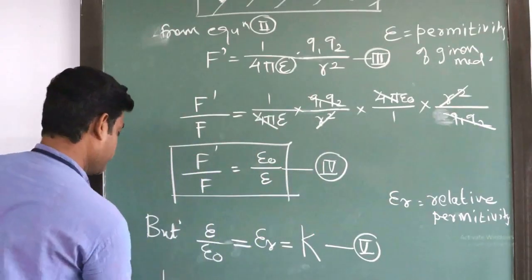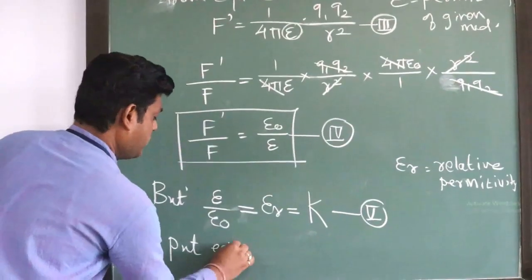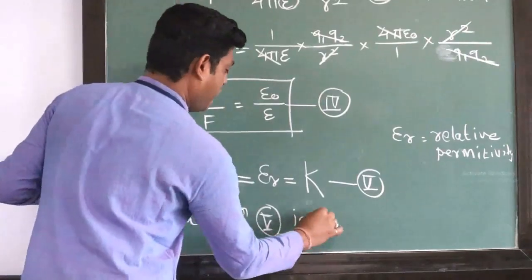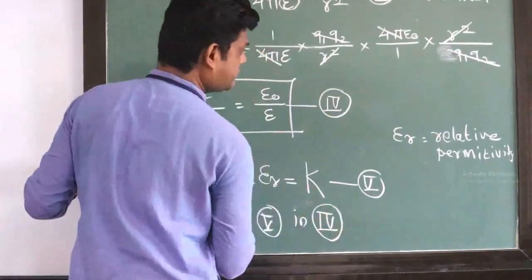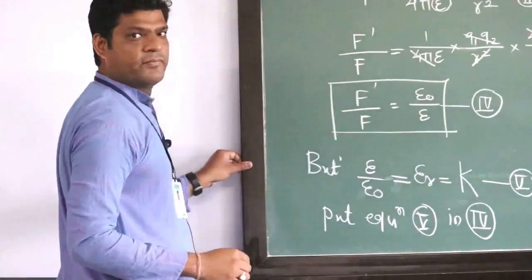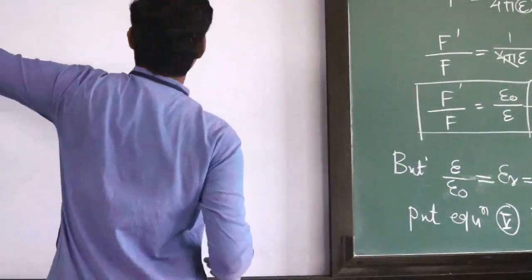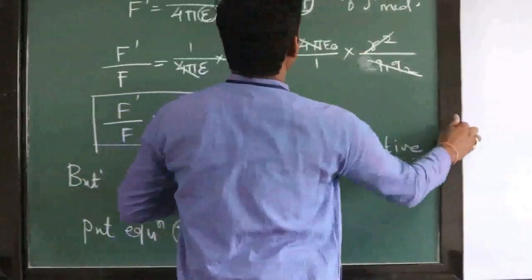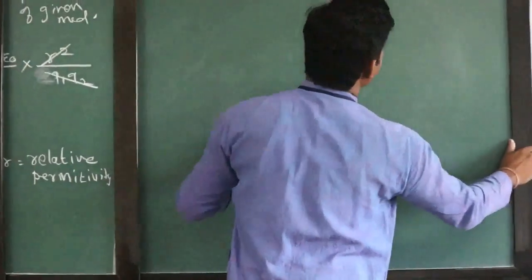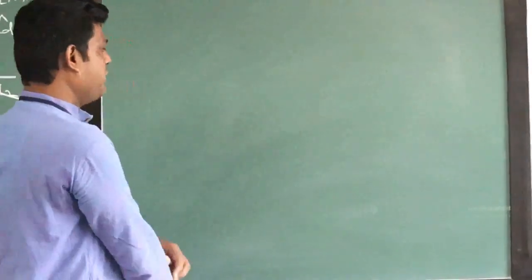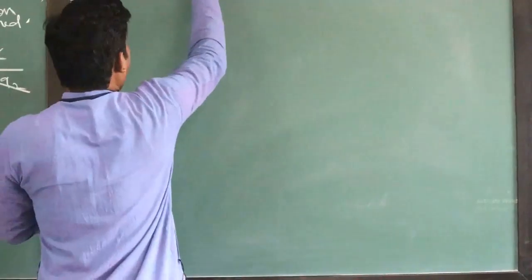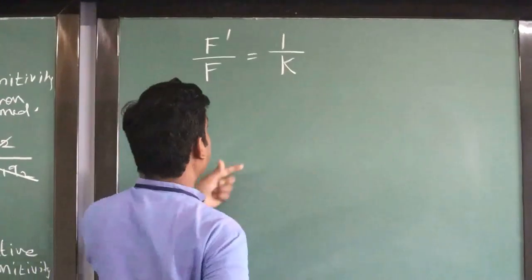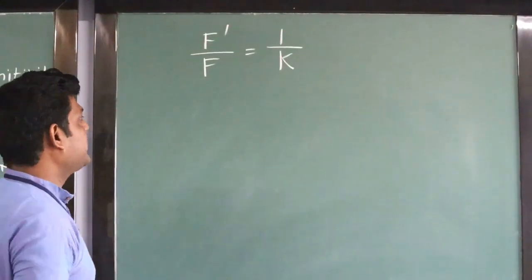Putting equation 5 in 4, F dash by F equal to 1 by K. Keep in mind capital K is the dielectric constant.